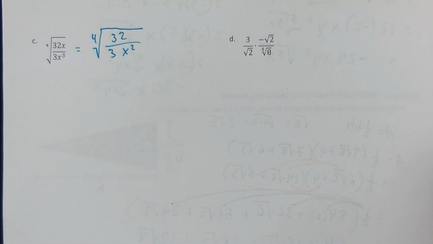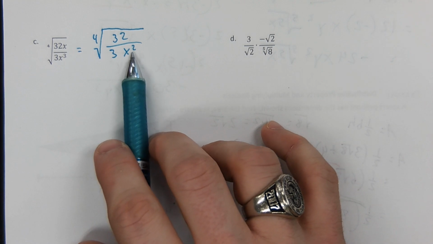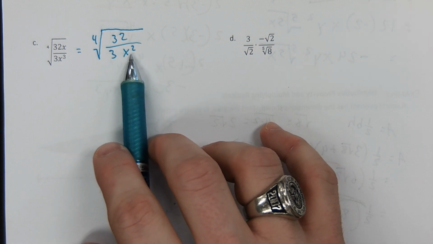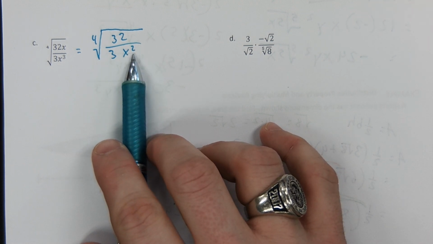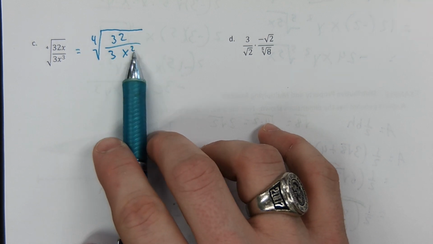Decide your domain. Since it's even root and even power, could x be positive and negative, and you wouldn't know? Yes, because if you raise that negative number to an even power, you're going to get a positive regardless. That means when I'm finished here, I'm probably going to have some absolute value bars.